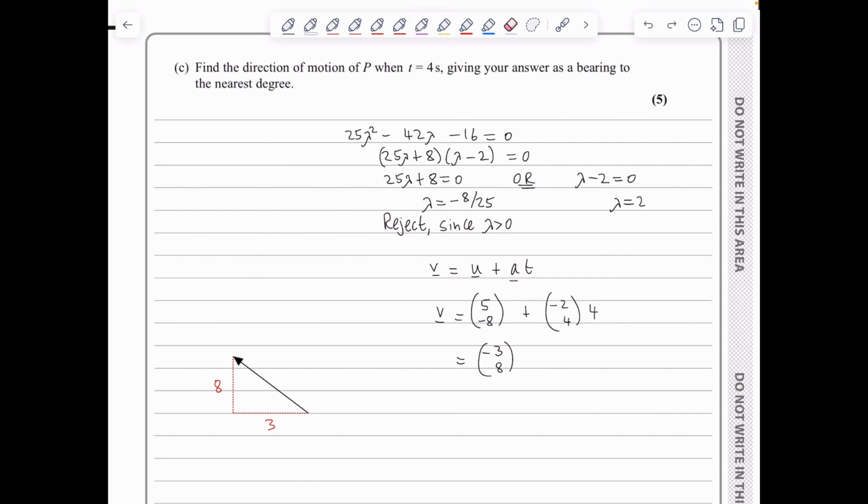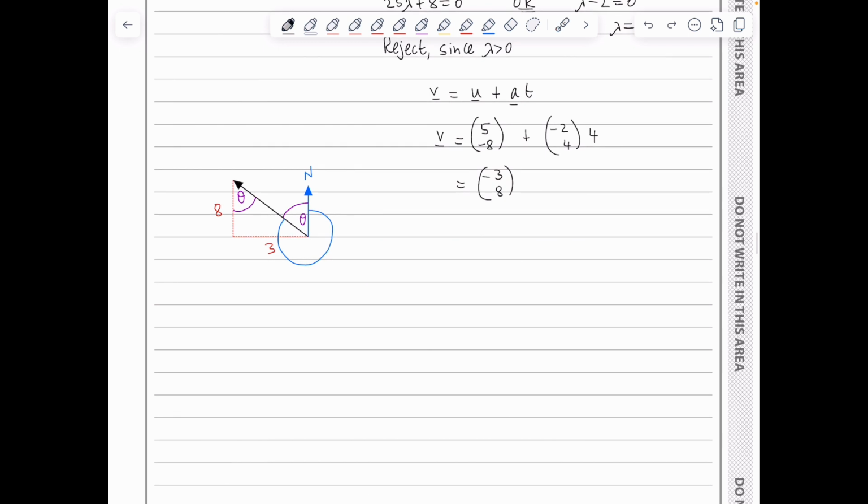We're trying to find the bearing. So from the initial point here, I draw the north and I turn clockwise. I'm trying to find this angle here. It makes sense to find the angle theta here, and then using alternate angles, I will find theta there and deduct that from 360 to get the bearing. So we're looking at tan θ = 3/8.